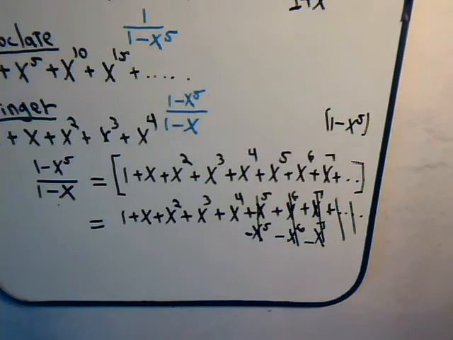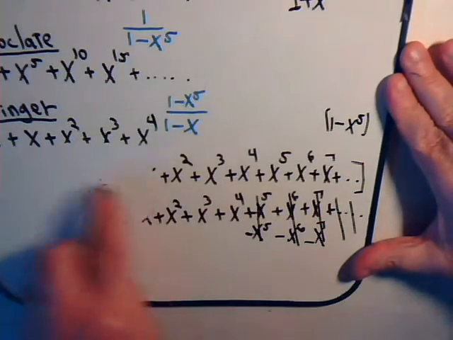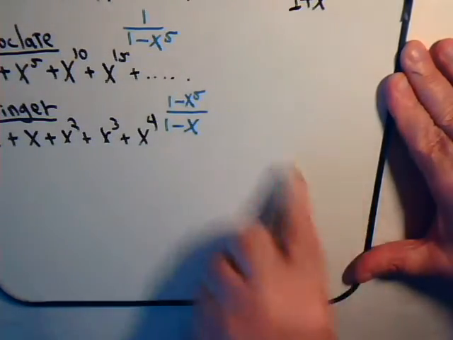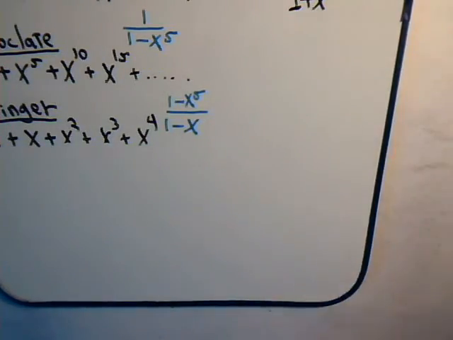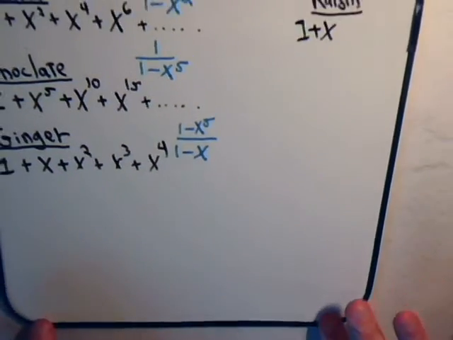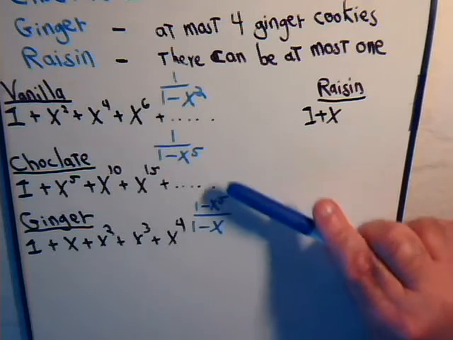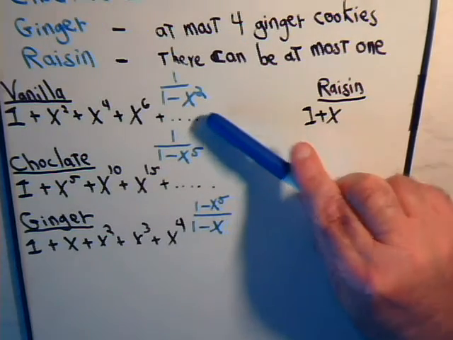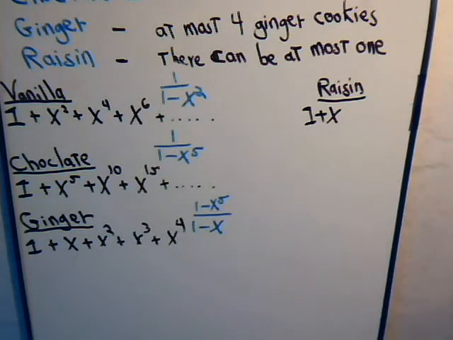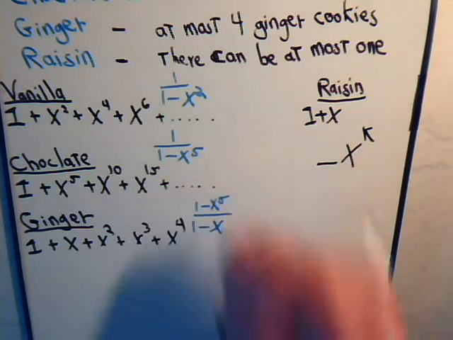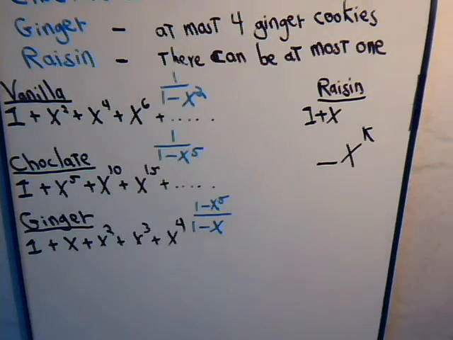So let's make some space. Now, what we want to do is multiply this times this times this times this, and then we want to find out, when we do that, what is the coefficient of x to the k.